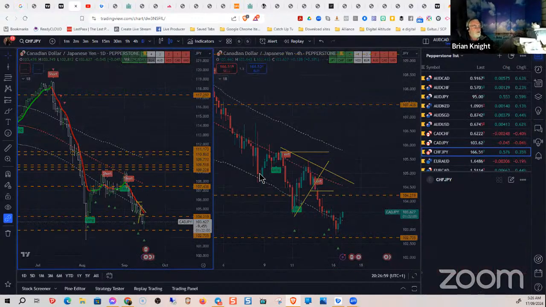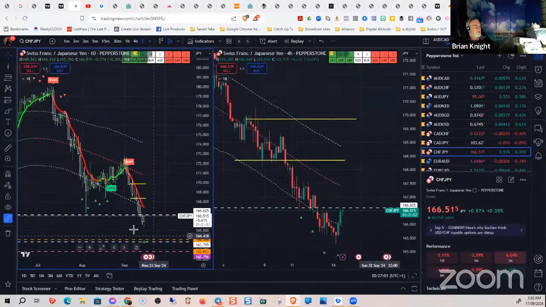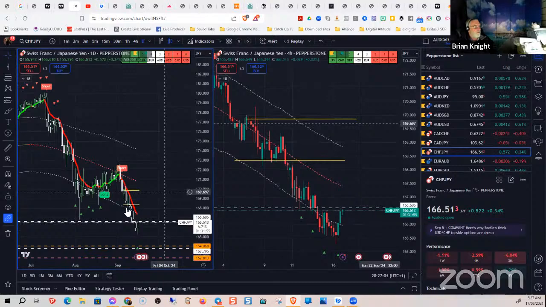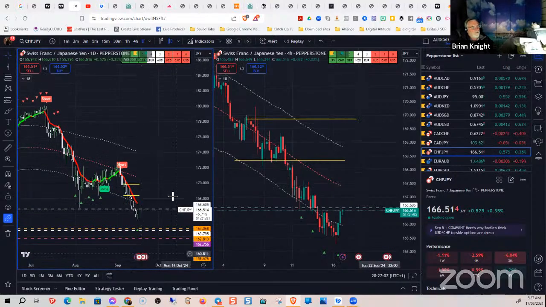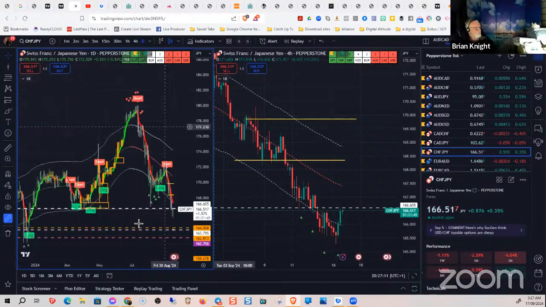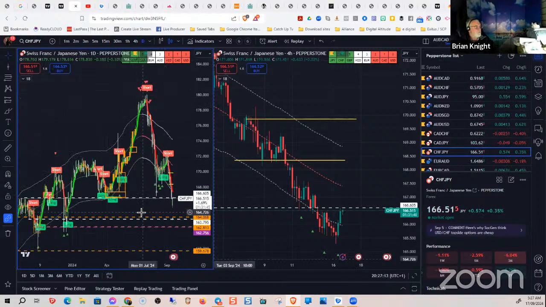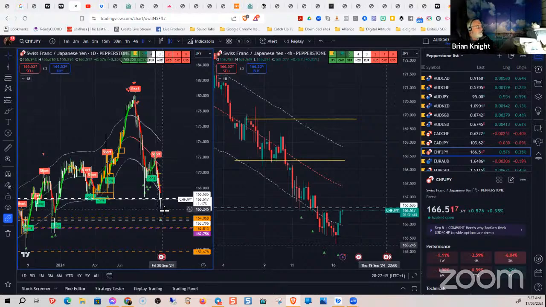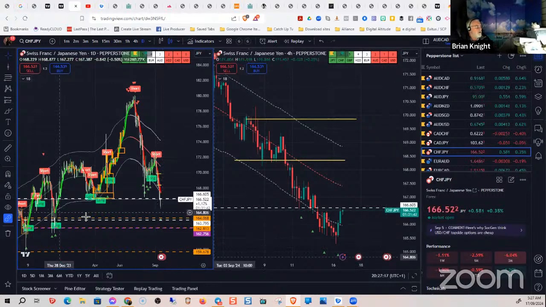All right, CHF JPY already broken. Is this the low and it's going to start to now push back up? Or are we just going to push up and then have another push back down again? I think that's taken out the fair value gap, hasn't it, Tom?